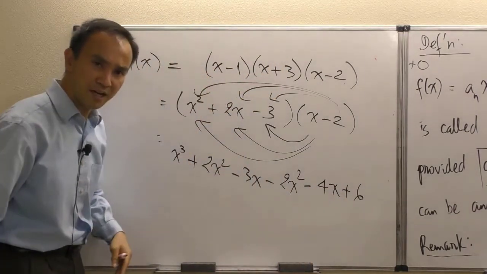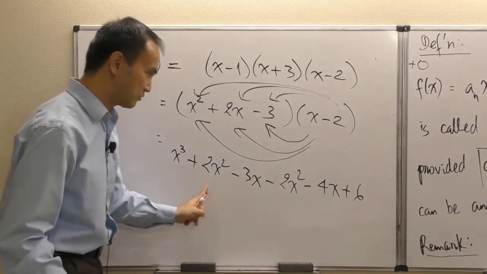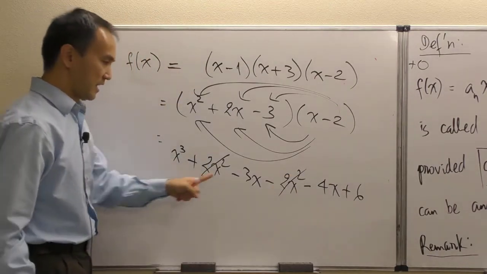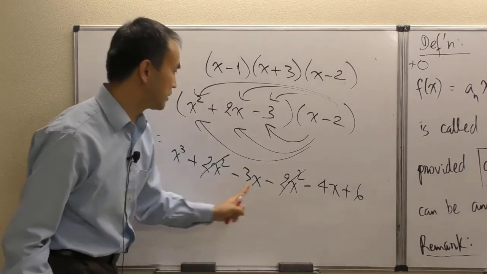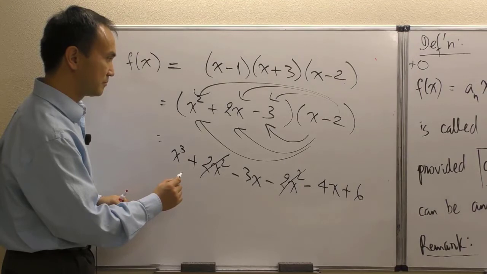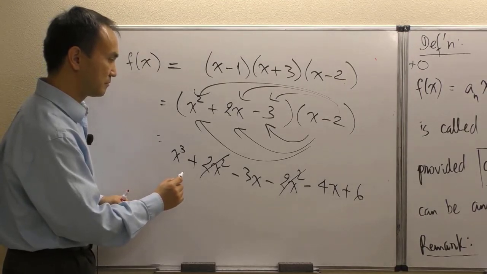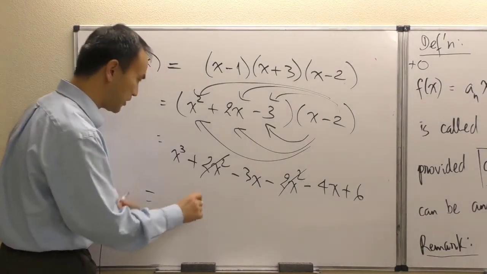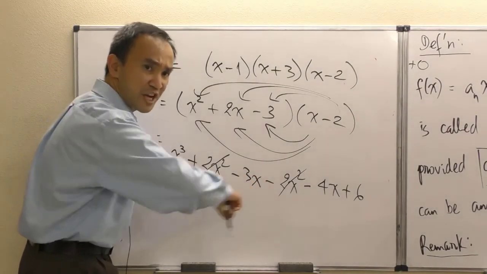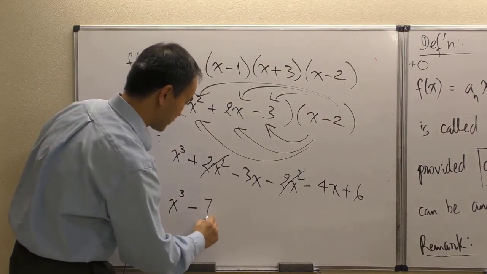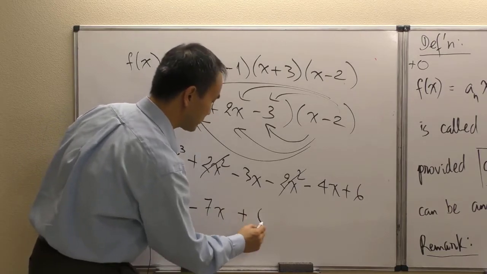And then we're going to combine like terms. So these are the like terms, but they are also the opposite terms. They got canceled out. And then these two are combined together. And that now gives me the final simplified version of this expanded polynomial, in general form: x cubed minus 7x plus 6.